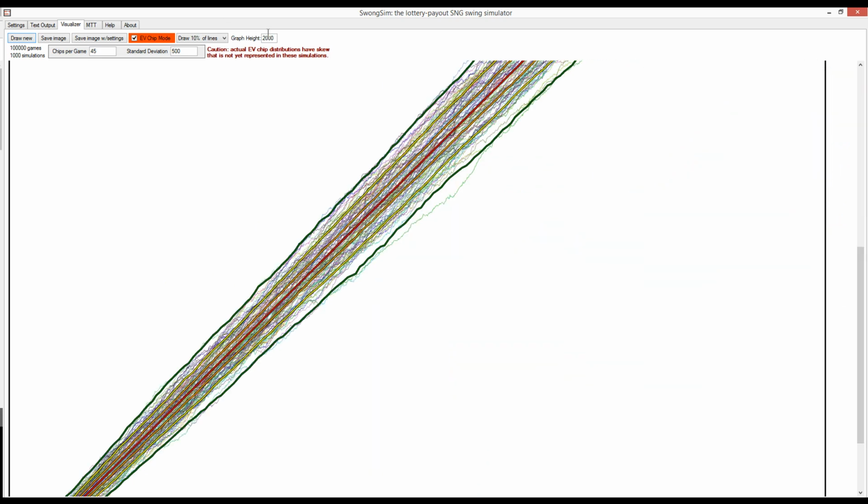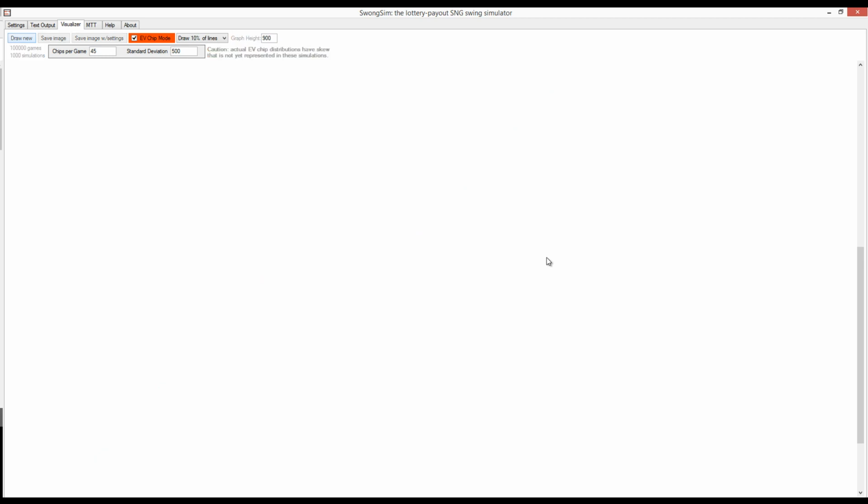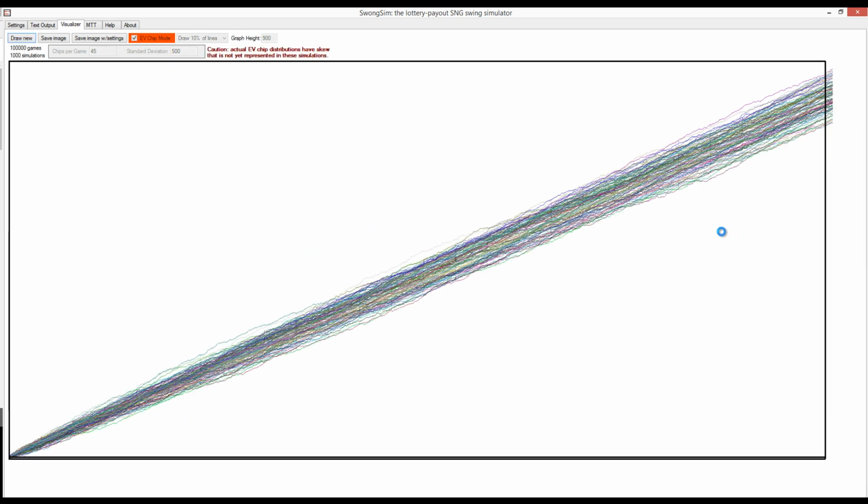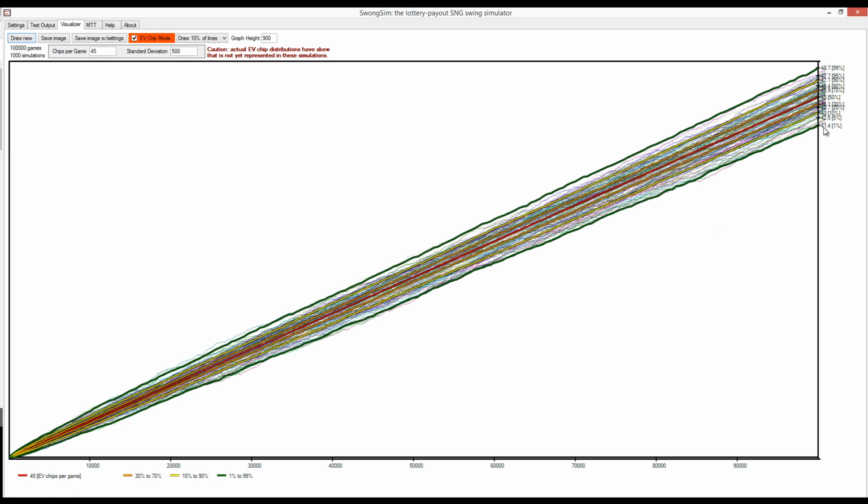You can see, I should use a different graph height to make this better looking, but you can see how much more clustered together this sample is. The variance is quite a bit lower in terms of your chip EV, but there still is variance in your chip EV.